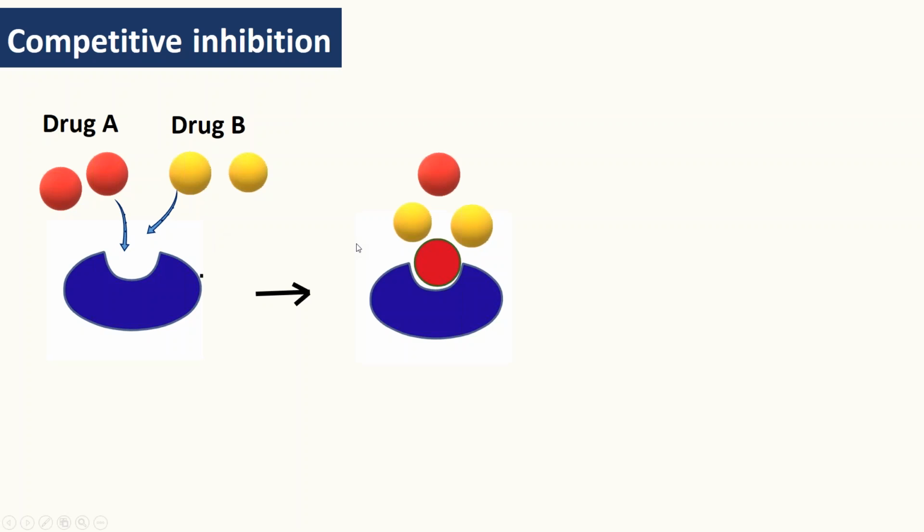The one that has a higher affinity to the active site will bind to it. For example, here drug A has a higher affinity, therefore it binds to the active site, whereas drug B is unable to bind.